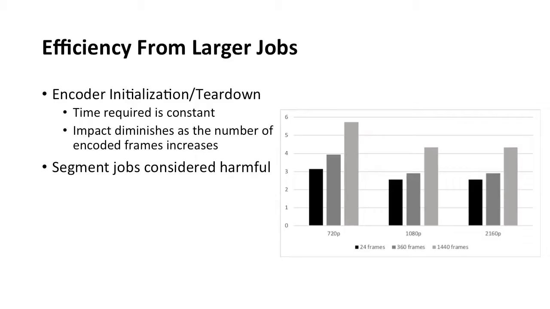So what we can see here, with the plot on the right, is an increase in overall frames per second for encoding for the job if you start to target larger jobs. Obviously, this has some sort of taper off point, but if the job is large enough, then you really see a negligible computational overhead from the encoder setup and teardown.